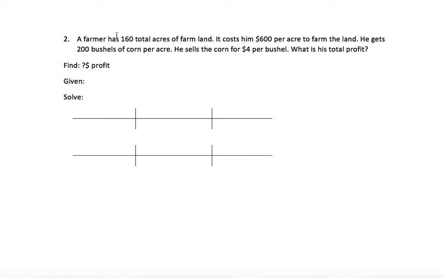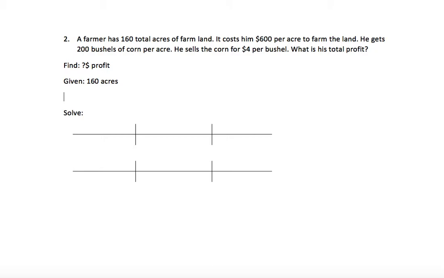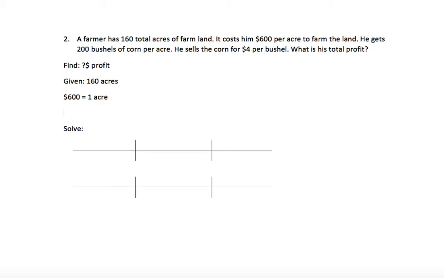Okay, so we're given a whole bunch of stuff. 160 total acres of farmland. And that's not connected to any other number. So 160 acres. And $600 per acre means $600 equals 1 acre. And 200 bushels also equals 1 acre.